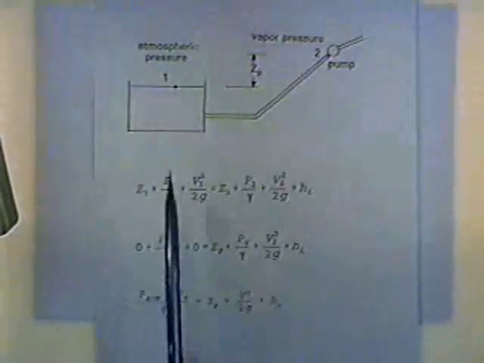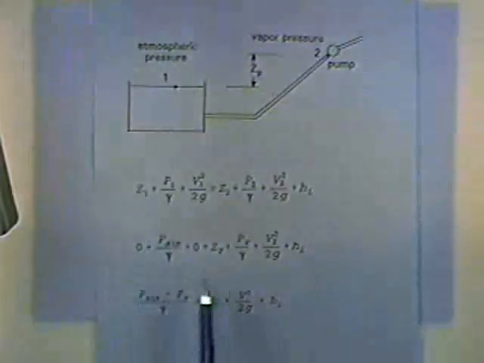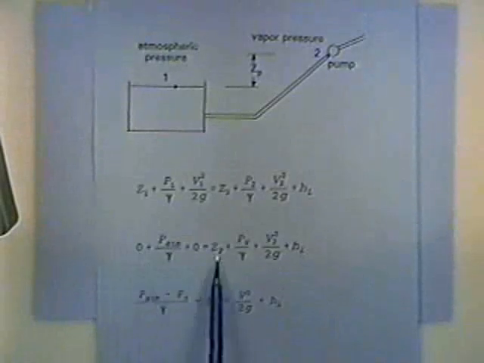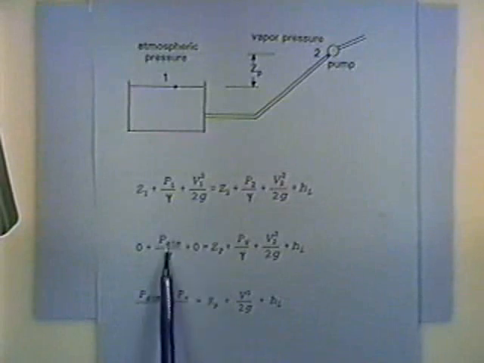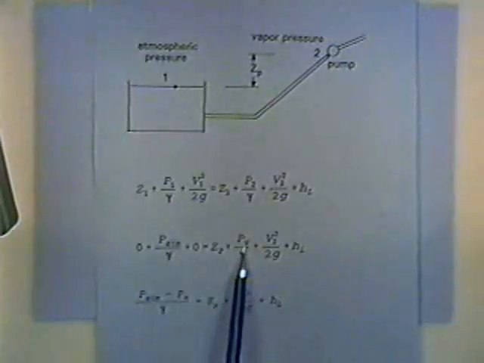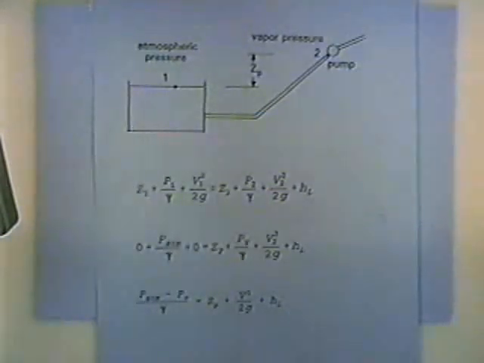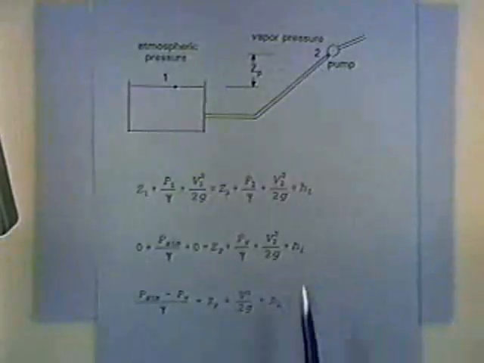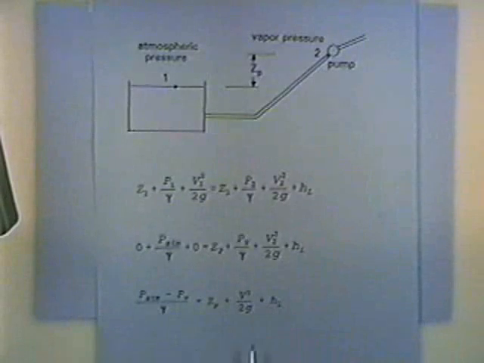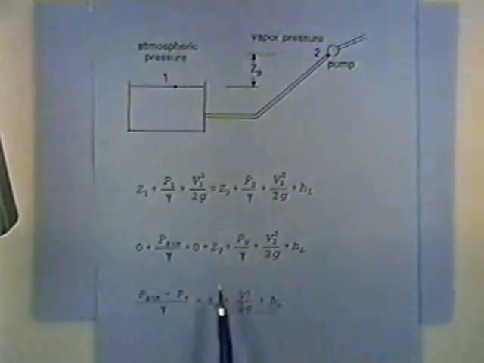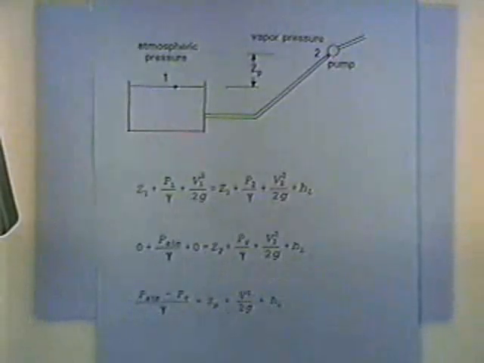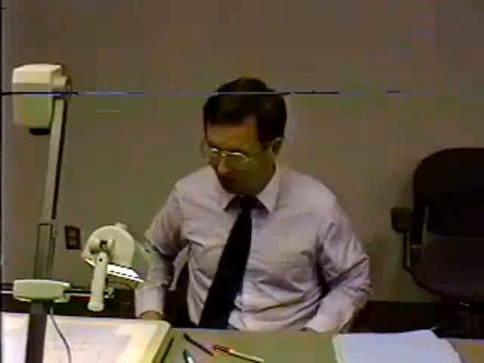Having written the energy equation and defining the reference datum at the water surface, you can then plug in 0 for Z, and then Z2 is the elevation of the pump above the water surface. You plug in atmospheric pressure, and then you plug in vapor pressure. You plug in 0 velocity head in the reservoir, assuming it's big enough that the velocity is very small, and you plug in the velocity head in the pipe, and then you plug in an expression for the head loss, and then you can just rearrange that to come up with the general formula that could be used for the example we just worked, or any problem like that.